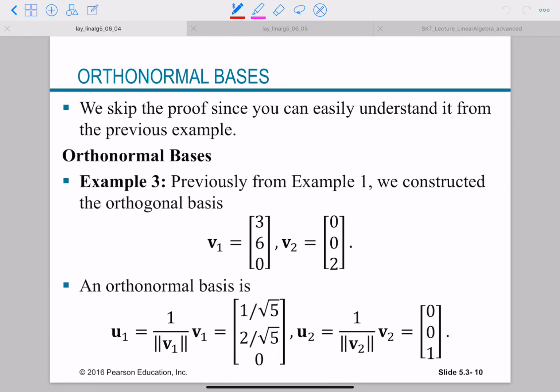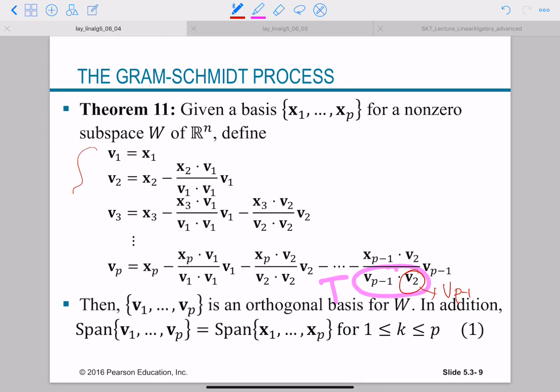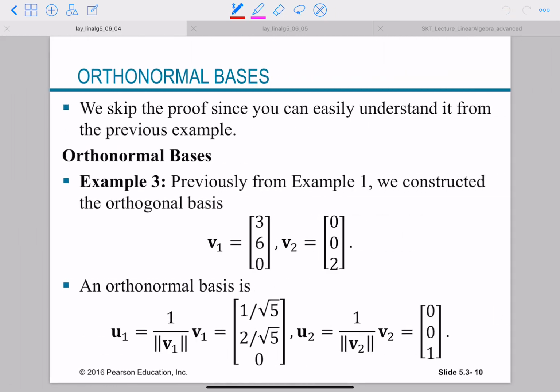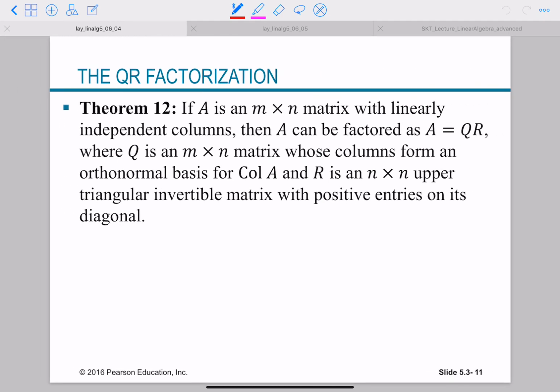Okay, so this is the summary of the Gram-Schmidt process. The equation looks a little daunting, quite complicated, but if you understand this intuitive process, that will be enough. Then we can obtain this orthonormal basis, and optionally normalize each vector to have unit length.